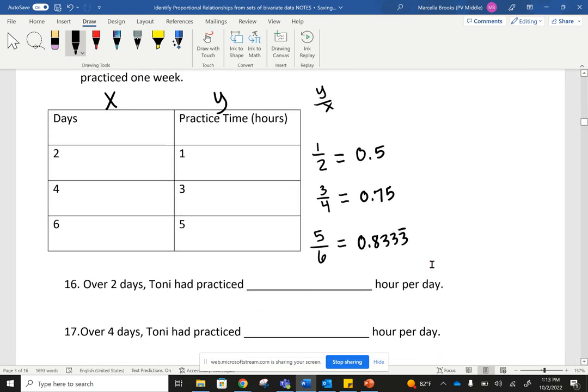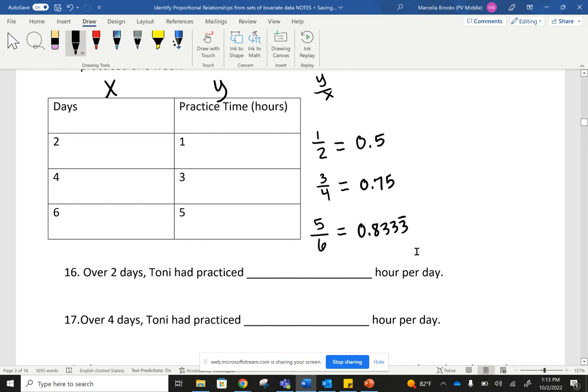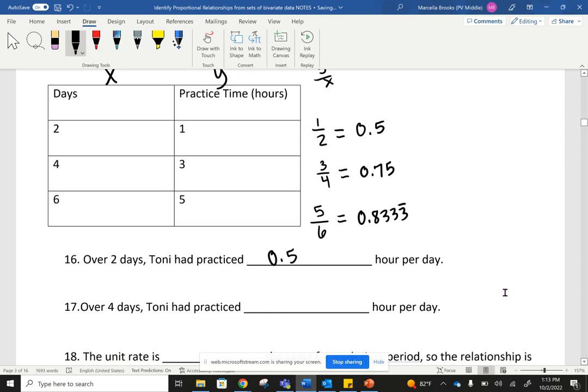All right, so over 2 days, Tony had practiced blank hours per day. So over 2 days, she practiced 0.5 hours per day, a total of 1 hour over 2 days. Over 4 days, she had practiced blank hours per day. So 4 days, we did 3 over 4, we got 0.75.